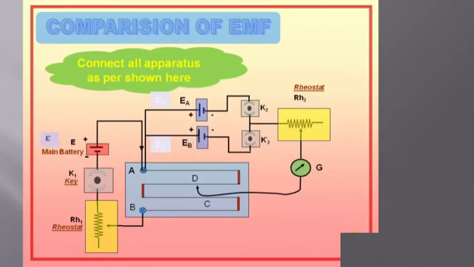In this circuit diagram, we can see the connections of the comparison of EMF circuit. Let us consider E1 and E2 are the EMFs of the two cells to be compared. The potentiometer wire is connected in series with the battery of EMF E, and a plug key and rheostat in series.